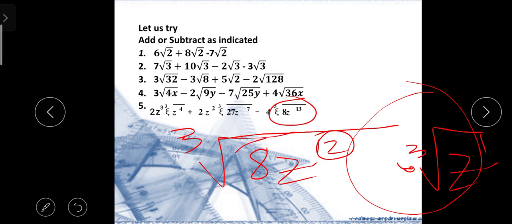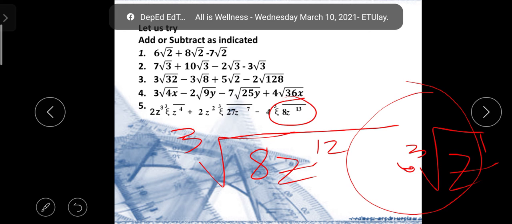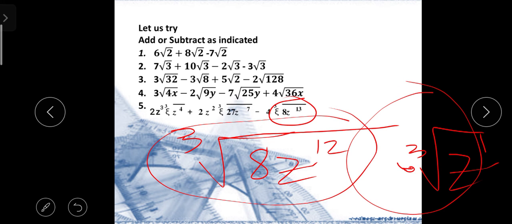So, since hinati-hati natin itong 8 sa tatlo, hahatiin din natin yung 12. So, ang gagamitin natin na exponent is 4 after natin siyang ilabas dito sa cube root. So, ang magiging expression natin for this one, itong cube root of 8z raised to the 12th power ay magiging 2z raised to 4. Okay?